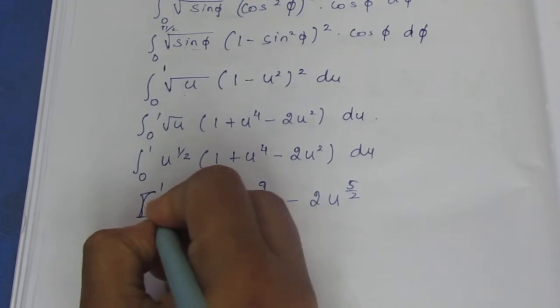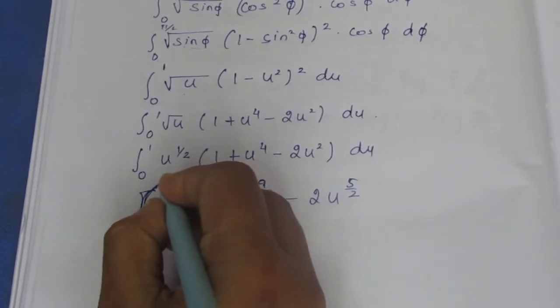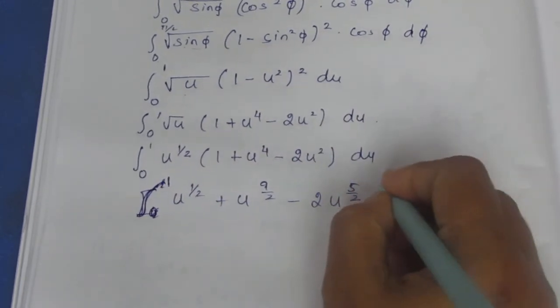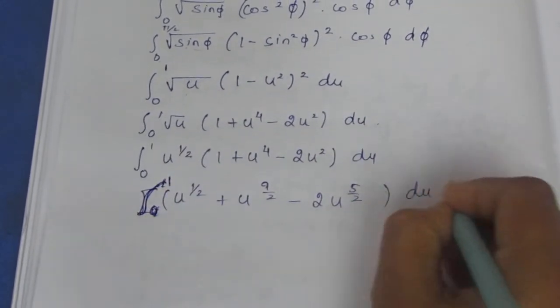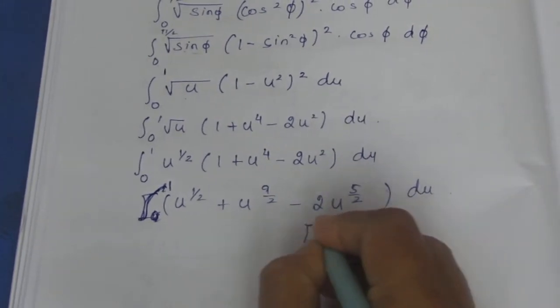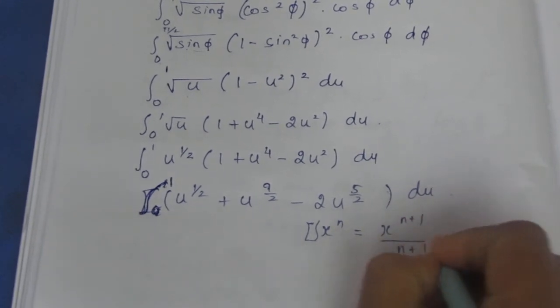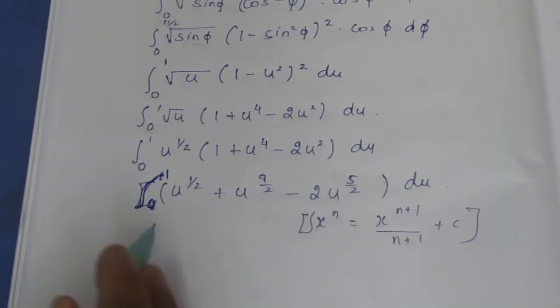0 to 1 du. Now we need to integrate. This is in the form of x power n. X power n integration is x power n plus 1 by n plus 1. The same way we are going to do.